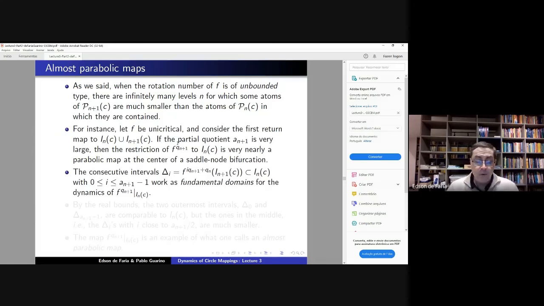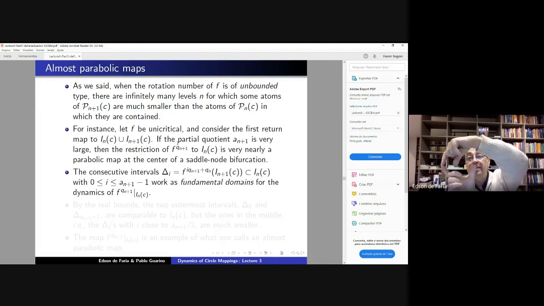Okay, now you can look at the images. I'm going to use my hands, but you have I_n and I_{n+1} on one side, then I_n on the other side. I_n is morally bigger than I_{n+1}. So this interval returns after q_n times, and it falls exactly here on the right.